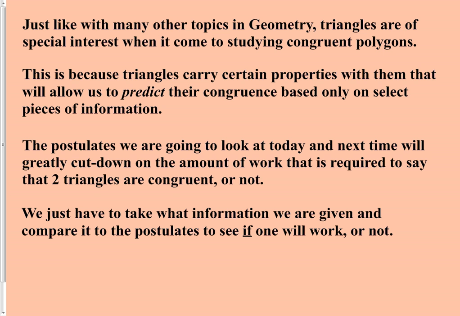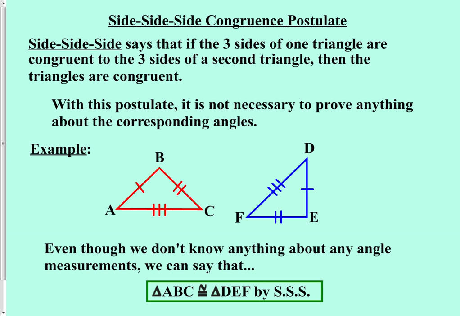So for the first couple of days on this part of the unit, we were looking at the shortcuts that were available to us to decide if two triangles were congruent or not, even if we didn't have all of the information that we'd like to have to go through the main definition for polygon congruence.